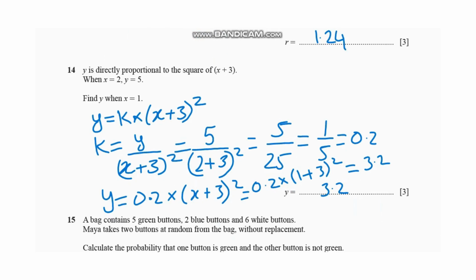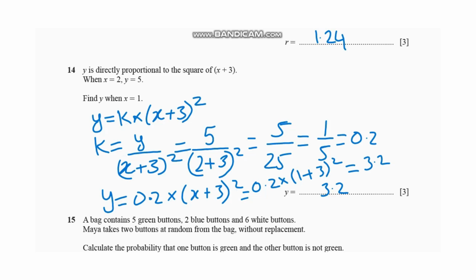Question 14 states y is directly proportional to the square of x plus 3. When x is 2, y is 5. Find y when x is 1. Y is equal to k multiplied by x plus 3 to the whole square. So first we have to calculate k. So k will be y divided by x plus 3 whole square. So 5 divided by 2 plus 3 square will be 5 divided by 25, which is 1 over 5.